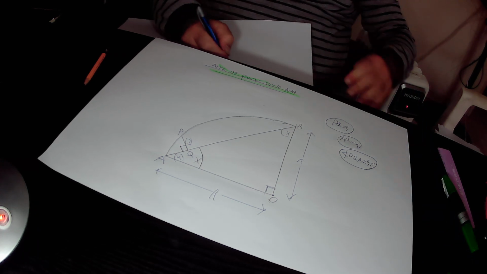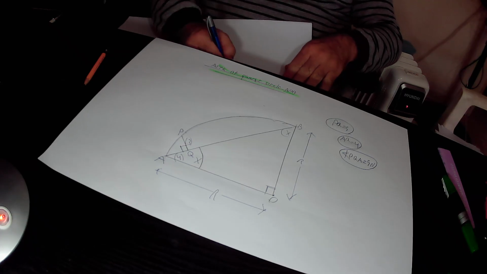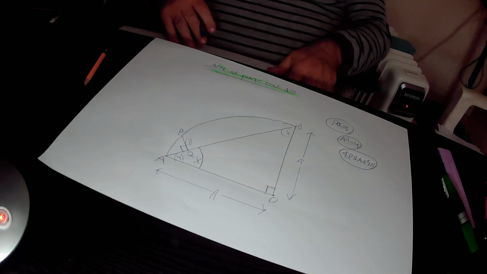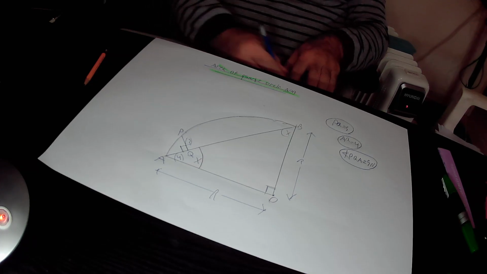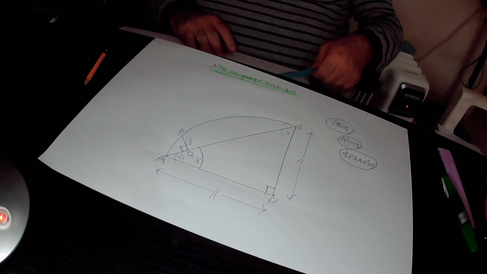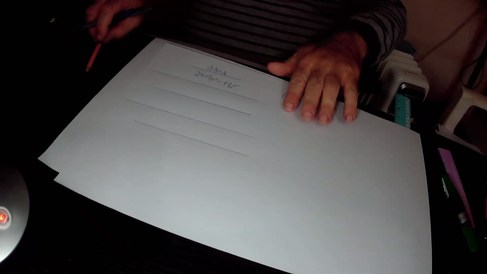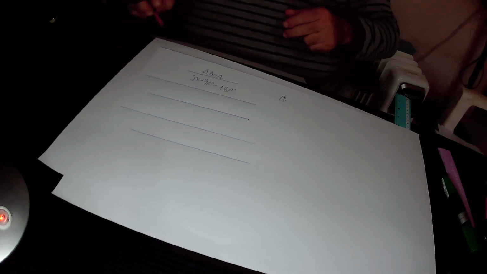Again, in the right triangle BOA, the sum of the angles must be equal to 180 degrees. That is to say, 2x plus 90 degrees equals 180 degrees.